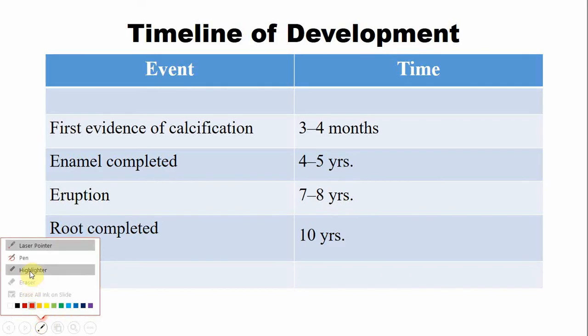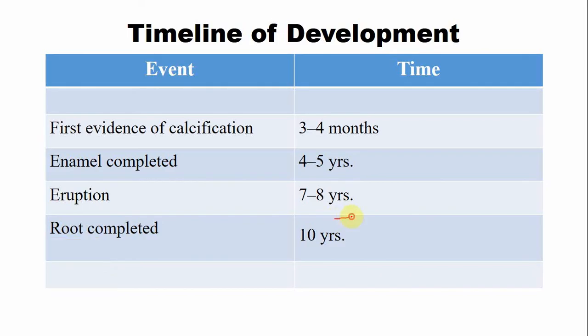And if you simply add 2, 8 plus 2, then it's 10 years. So the root is completed by the age of 10 years. When the tooth emerges into the oral cavity, only 2/3 of the root is formed, and the remaining root is completed by the age of 10 years.